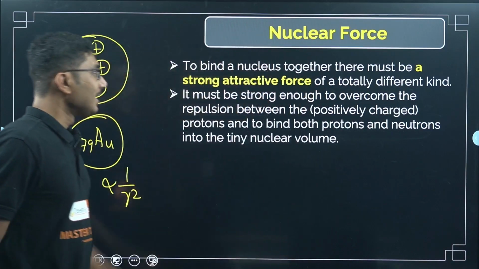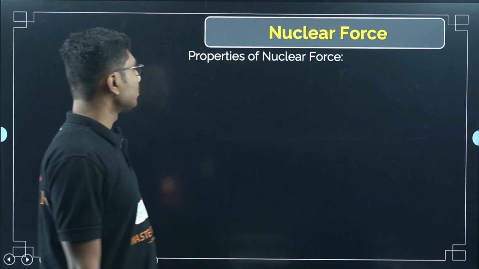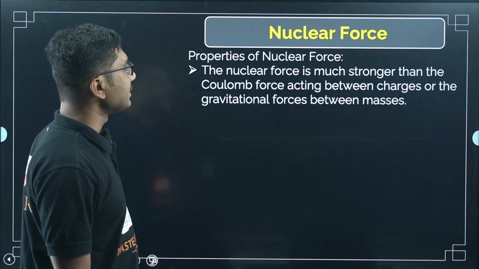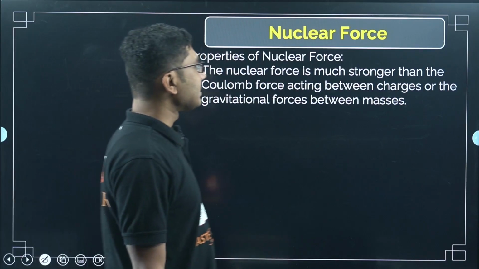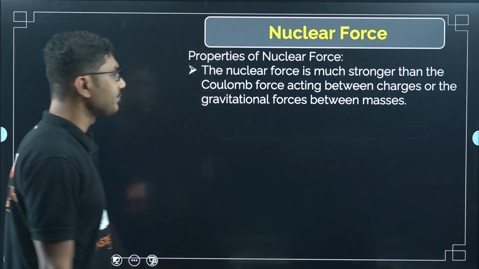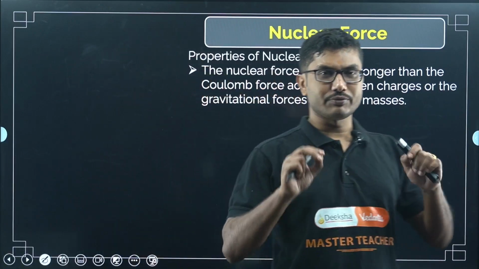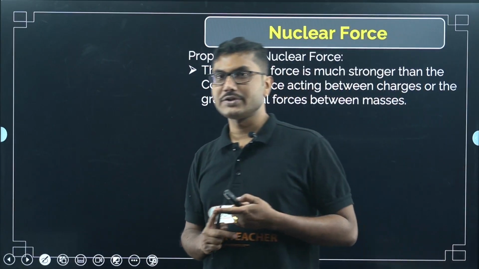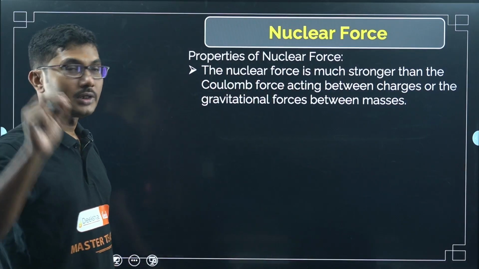Now let's discuss the properties of nuclear force. So what are all those properties? The nuclear force is much stronger than the Coulomb force acting between charges or the gravitational force between masses. Obviously, nuclear force is the strongest force in nature. That's why it is sometimes called strong nuclear force.